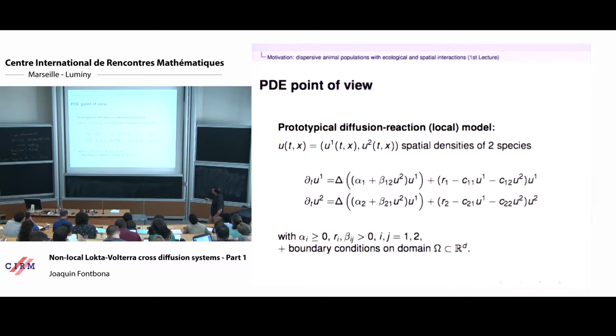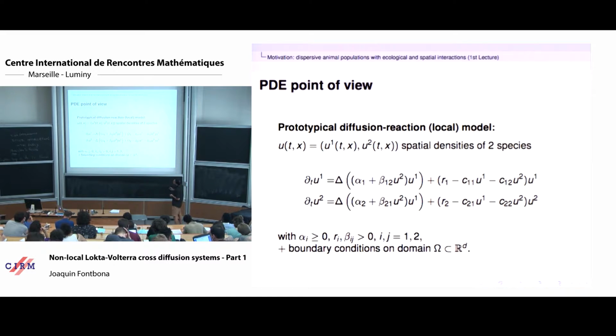And you have some spatial behavior, which in this case corresponds to a diffusion. Here you have a diffusion which is autonomous for population 1, and then on the diffusion coefficient you have some influence of the density of individuals of the other population.